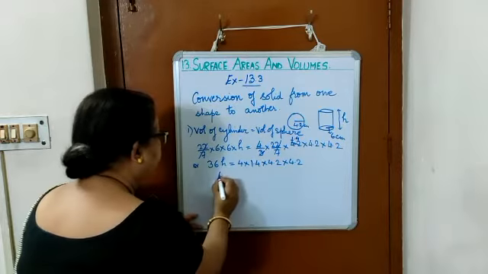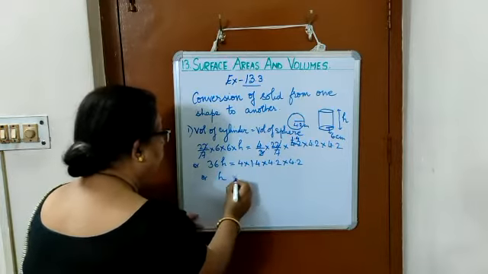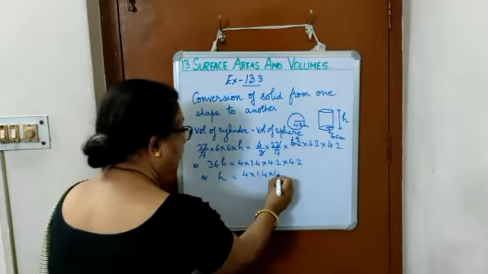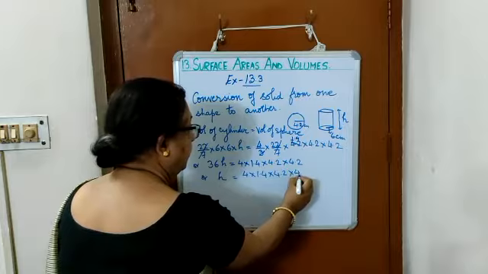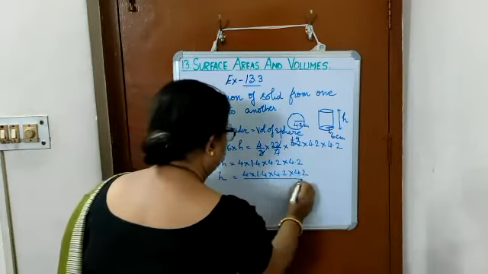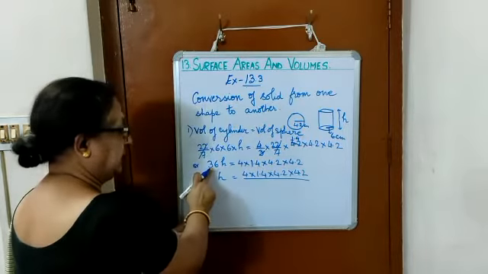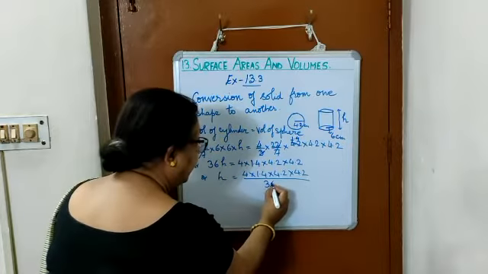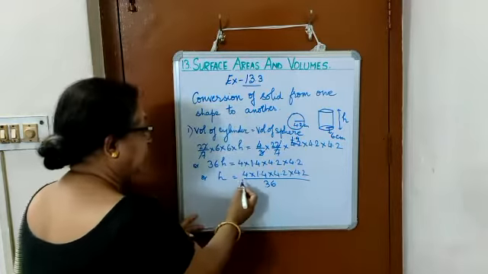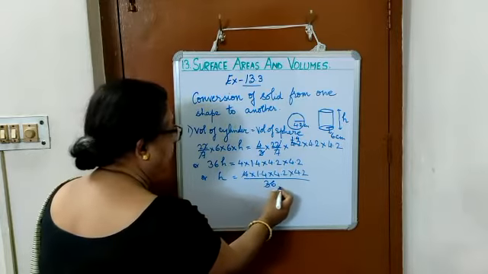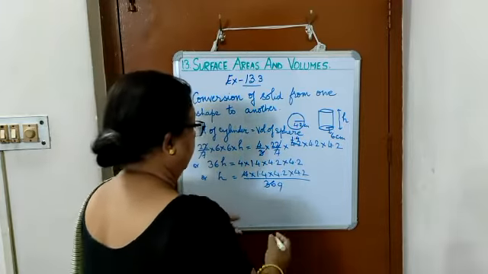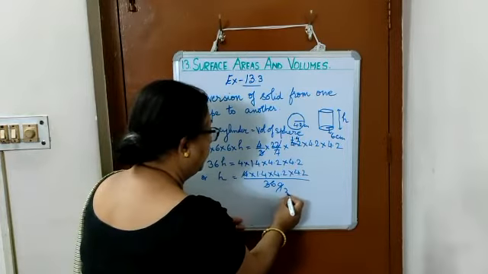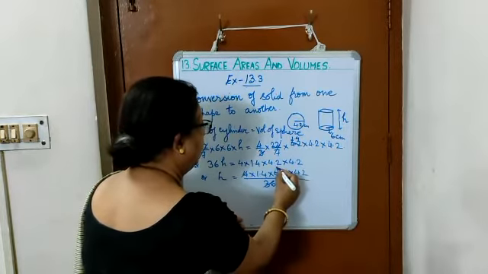So h will be equal to 4 into 1.4 into 4.2 into 4.2 by 36. 36 was multiplied here, so we are now dividing it by 36. So you can cancel, 4 9s are 36. We can again cancel it by 3, 3 3s are 9.